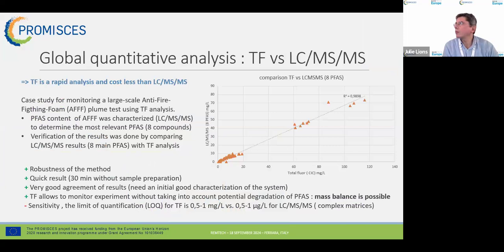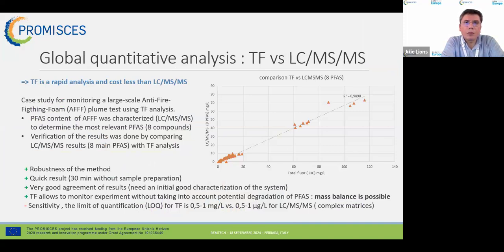Here, using these methods, we compare the information we have with the total fluoride versus the LC-MS targeted analysis. Why are we interested in this total fluoride? It's a very rapid analysis and a low-cost method compared to LC-MS.